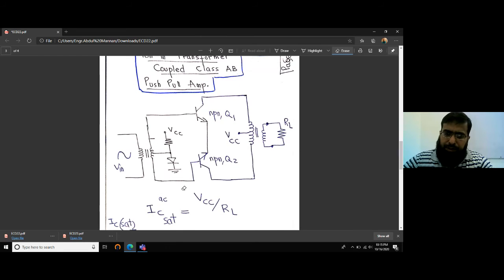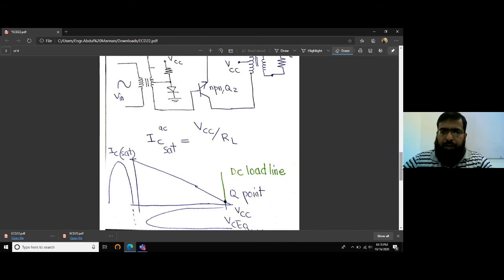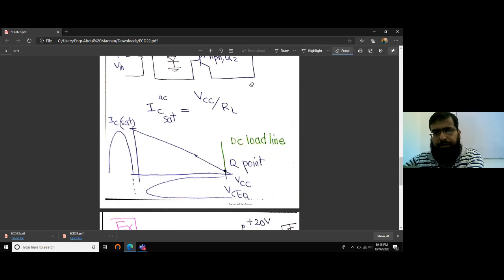The remaining circuit is the same, and IC sat is also the same, VCC over RL, that we studied earlier. So the DC load line is vertical. This is unusually amazing. This is a vertical load line. Why is it vertical? Because ICQ is a constant current, and if it increases due to thermal imbalance, it results in a permanent failure.